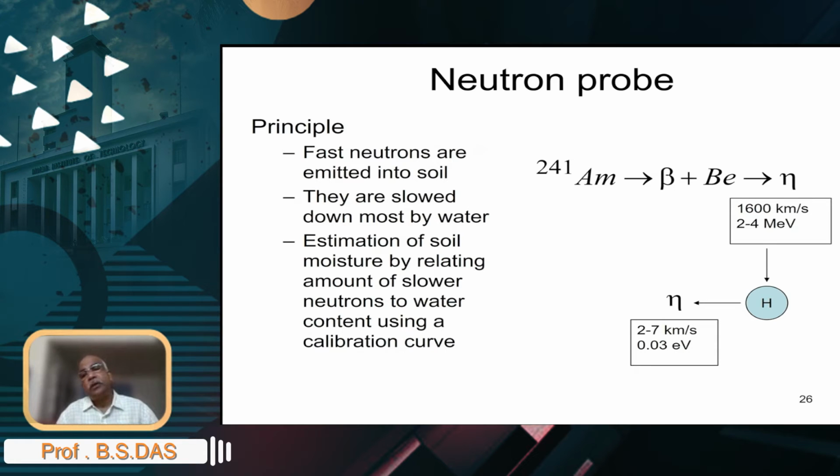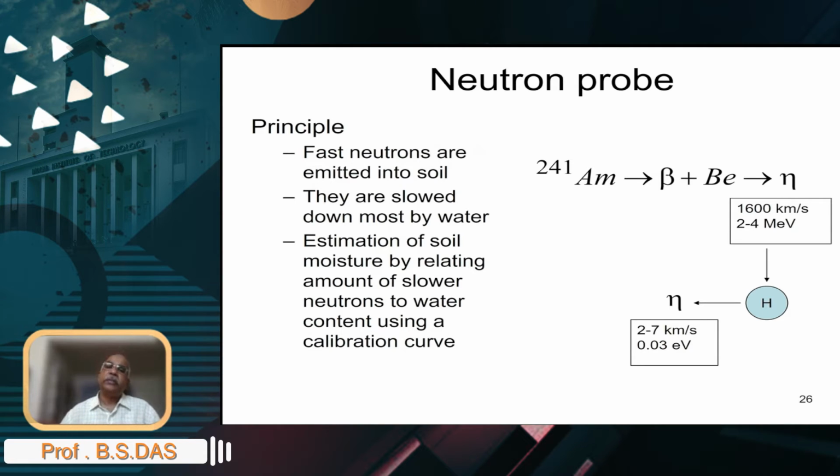These fast neutrons, with such high kinetic energy, when they collide with different atoms, typically in most collision processes are elastic, meaning they do not lose much of their energy, except when they come across atoms of similar mass, for example hydrogen, since the neutron and hydrogen have similar mass.